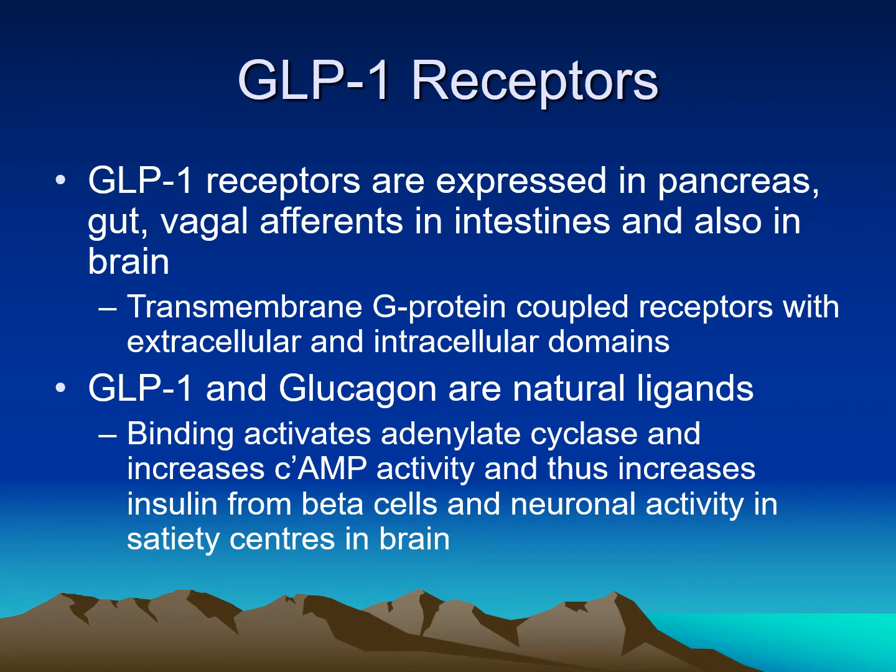Their nature is that they are transmembrane G protein coupled receptors with moieties outside the cell membrane and inside the cell membrane for initiating second messenger activity. One of the second messengers is cyclic AMP, which increases and subserves a number of functions such as beta cell secretion or neuronal activity in the satiety center.